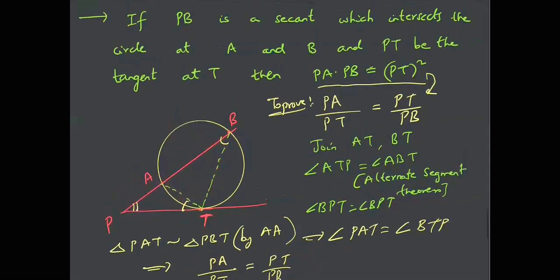Fine. So if there is a secant that cuts the circle at two points A and B, and PT is the tangent to the circle from point P, then I can say that PA into PB is PT square.